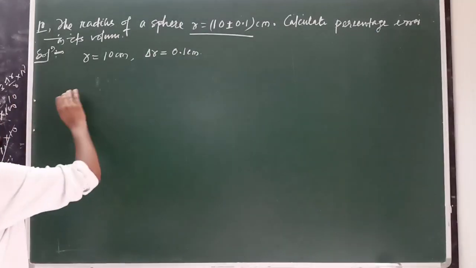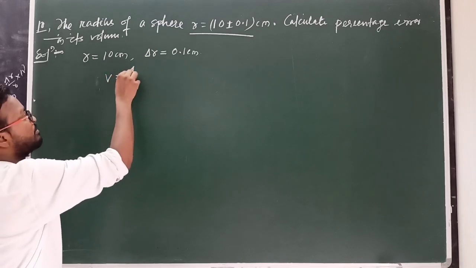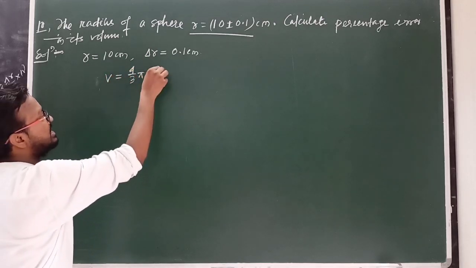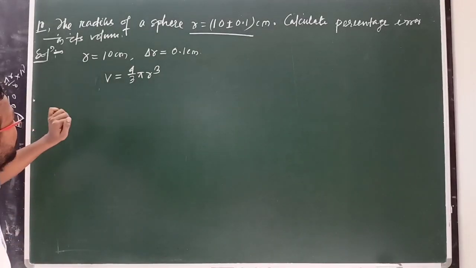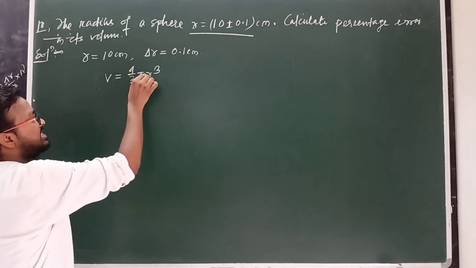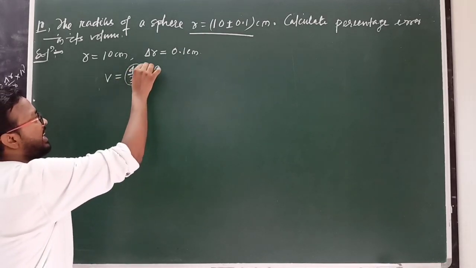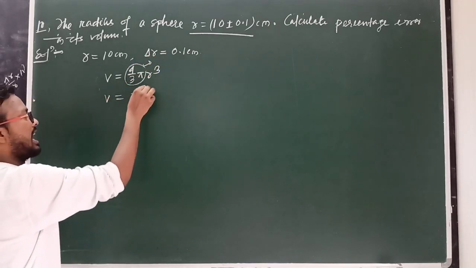So the volume of a sphere is V equal to 4 by 3 pi r cube, but here we have to calculate the percentage error in its volume. Here 4 by 3 pi is a constant quantity and it has no error, so we can write directly V proportional to r cube.